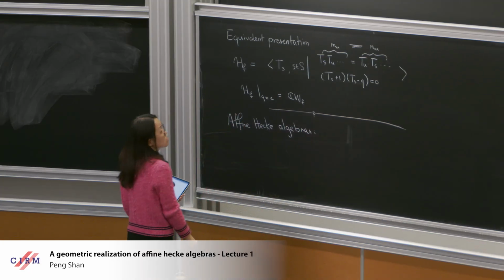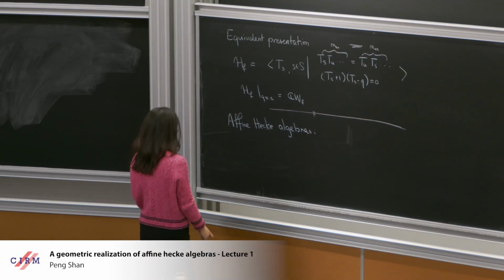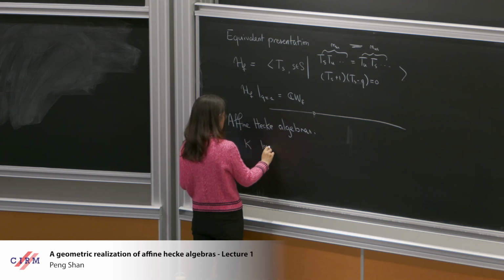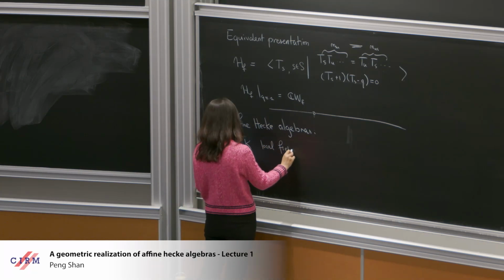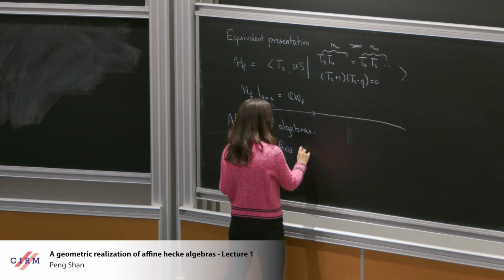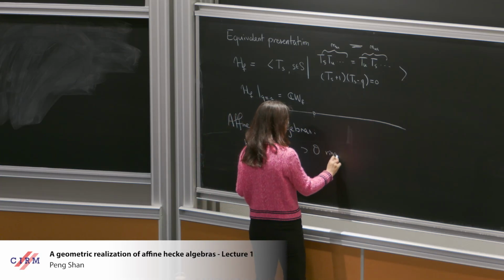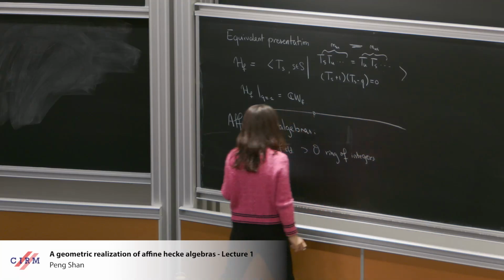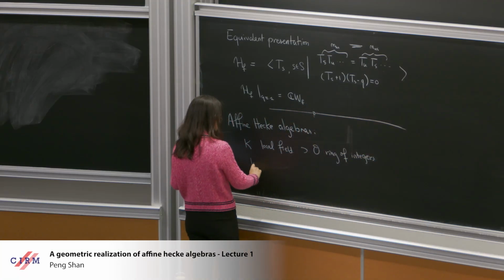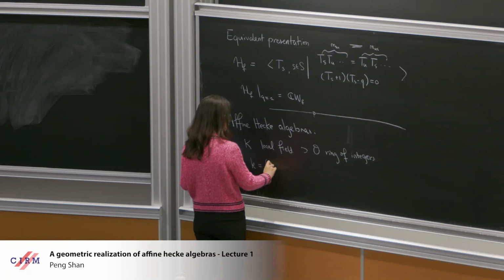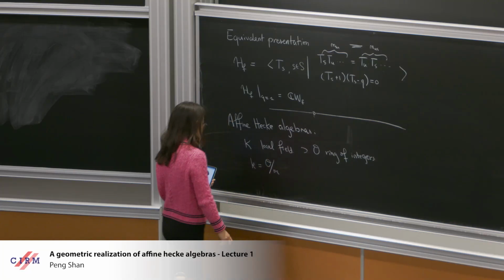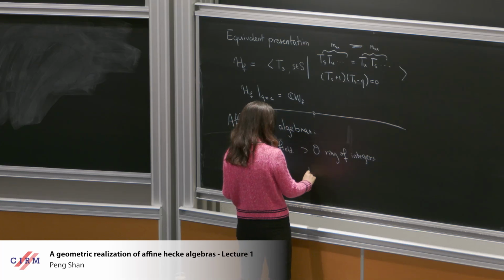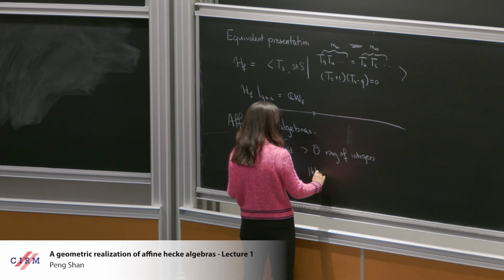In parallel to what we discussed about G mod B, here you fix a local field K, with O the ring of integers, and let's say small k the residue field, O mod the maximal ideal in O. Let's say this is a finite field of cardinality q.